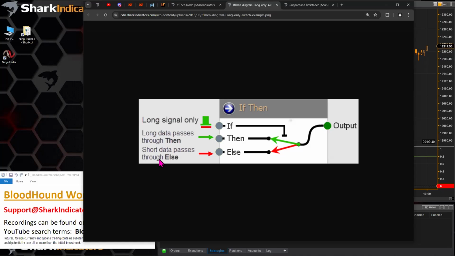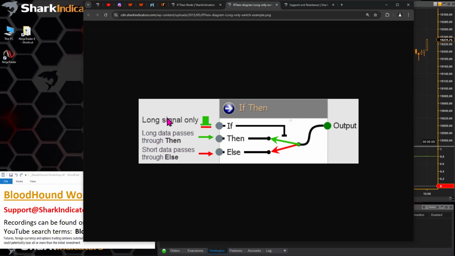So maybe that would be like a counter trend signal, right? So you have two trading systems, one connected to the then, the other one connected to the else, and then you have a deterministic logic that identifies when the market is trending versus when the market is consolidating, right?